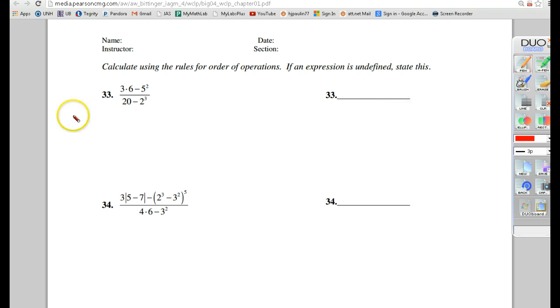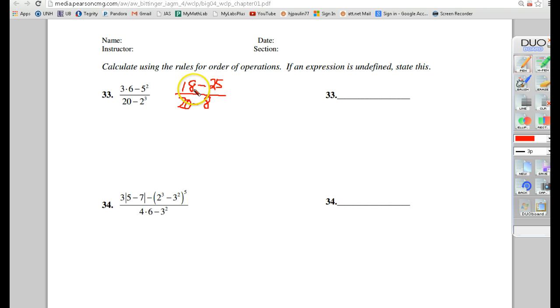Now, in this next one, here we're using the order of operations. And we want to do, what do we do first? Well, from left to right, we're going to do this multiplication. So 3 times 6 is 18. Minus 5 squared is 25. And this will be 20 minus 2 to the 3rd power is 8.